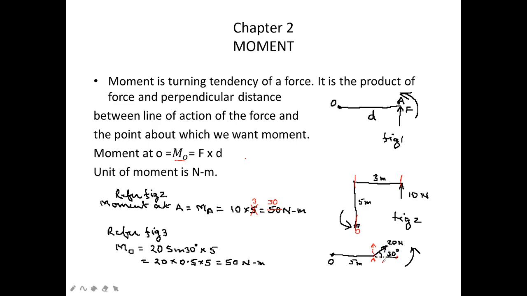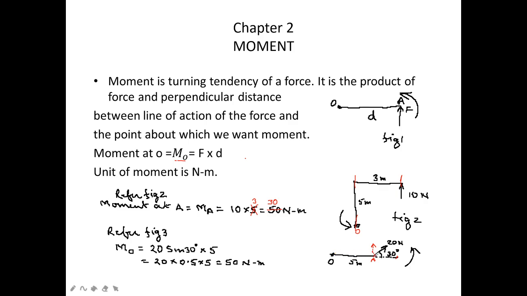In the x direction it is 20 cos 30 degree, and in the y direction it is 20 sin 30 degree. Because the line of action of the x component passes through the point O, the perpendicular distance between this line and the point O is 0. That's why the moment of this force is 0.